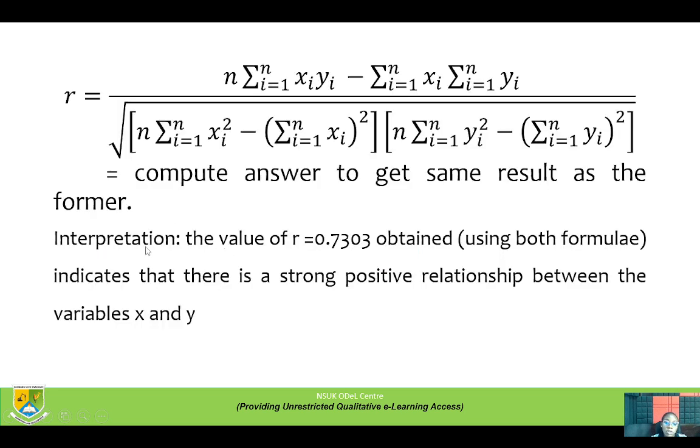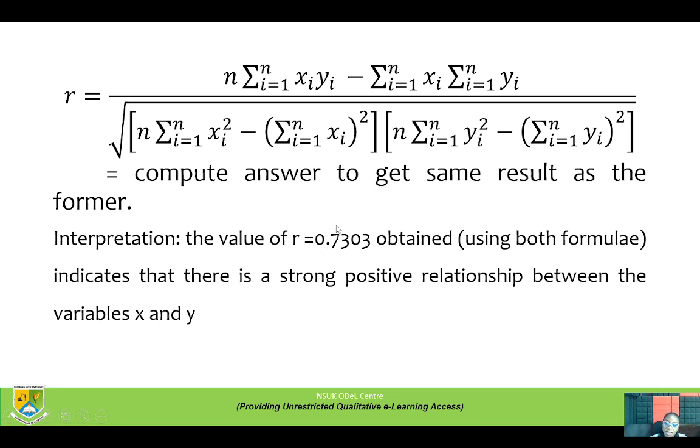So in conclusion, interpreting the relationship between x and y based on the r value we have. Our r value says we have 0.7303. You agree with me that mathematically this is approximately 1.